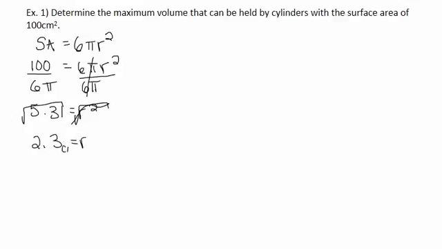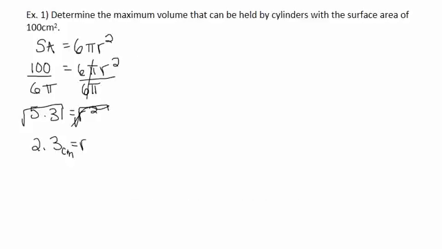So let's take this value and plug it in to the volume formula to find our maximum volume. So volume is equal to 2 pi r cubed. And now let's plug in that 2.3 centimeters for our value of r.